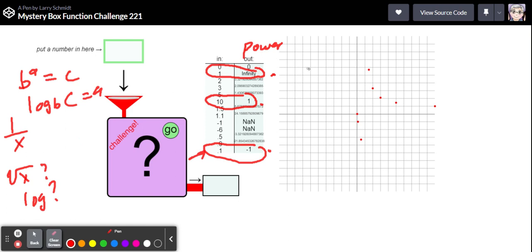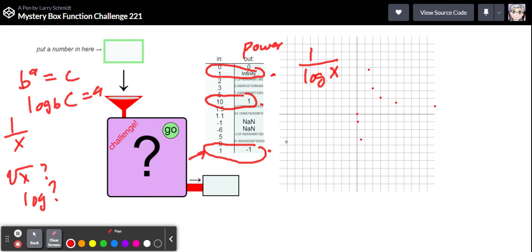So what if this is 1 over the log base 10 of x? I think that still works, right? Because when you put in 10, you get 1, it's 1 over 1, and that equals 1. And here, same way, right? You put in 0.1, you get -1. That's 1 over -1, that equals -1. Okay, so that works.